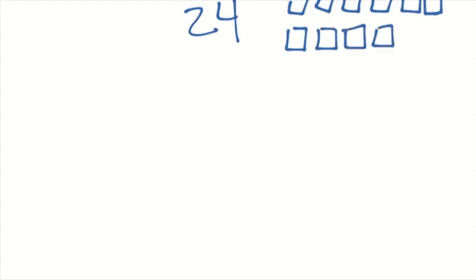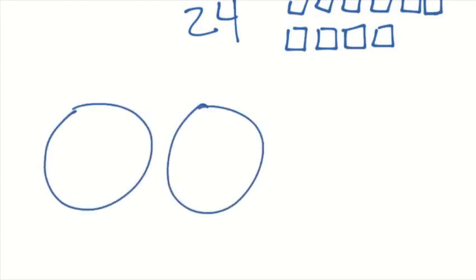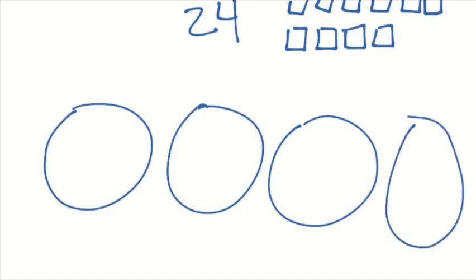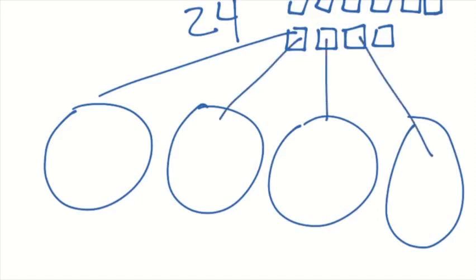So I'm not going to draw all 24 here, but you get the point. Again, I'm going to create 4 groups on my whiteboard. I'm going to draw 4 circles, and the students are going to place the counters or the manipulatives into each group.